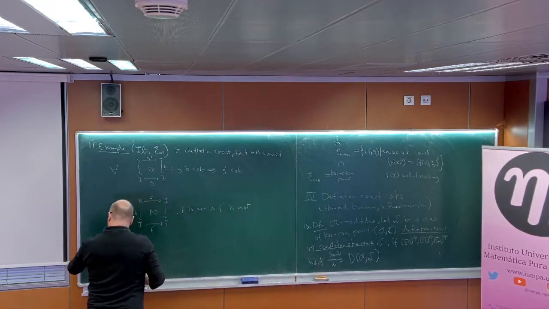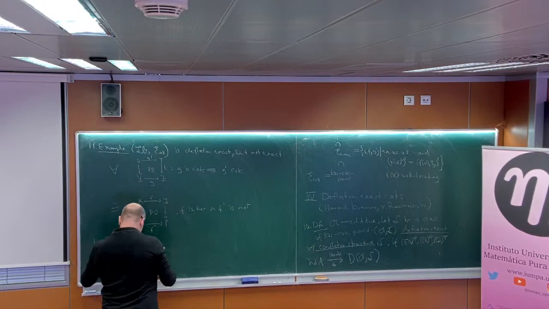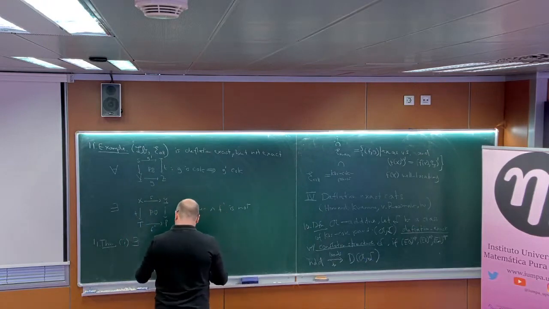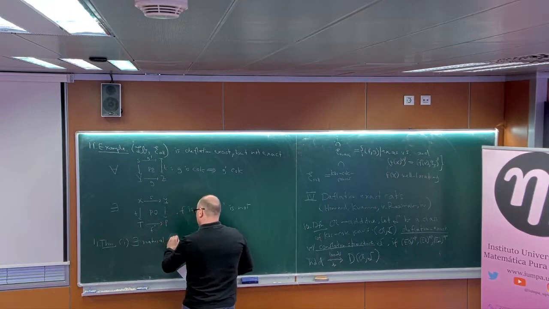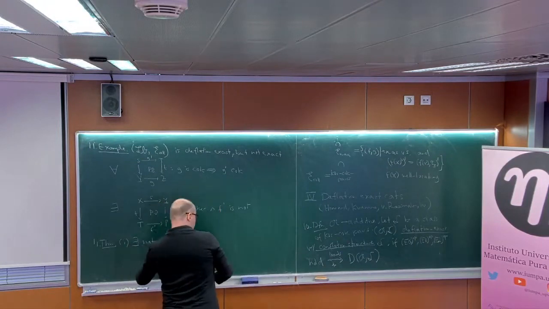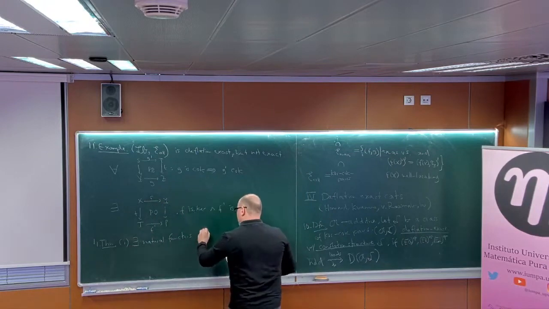Okay, and there should be one theorem, right? If you now look at these derived categories, then you have natural functors here.